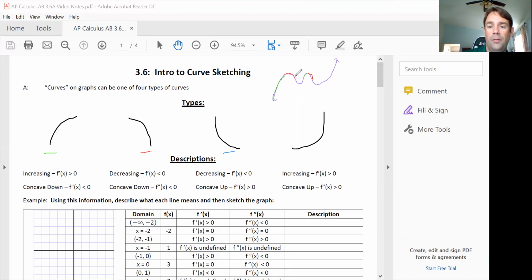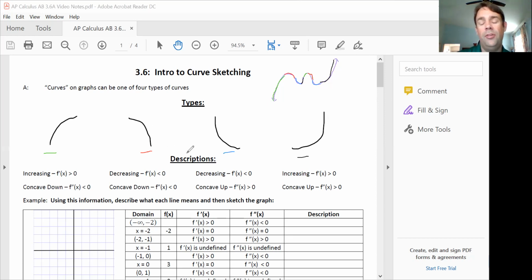This one right here comes up right about there and right about there. And then the last one here, oh, I can't use that. Let's try black. This one right here kind of comes up and meets up and finishes.